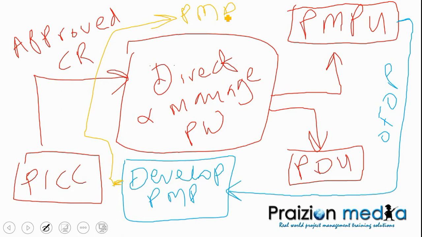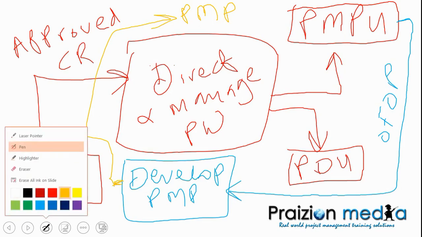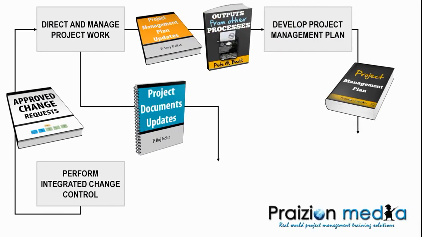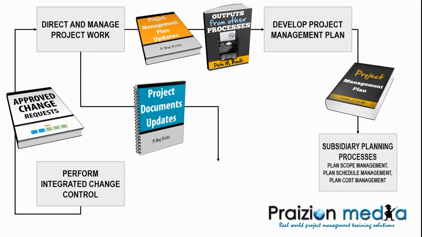Now this revision of the project management plan is then going to fuel all of those other subsidiary plans that need to be updated in one way or another. So I'm going to use green here. So just follow the trail.